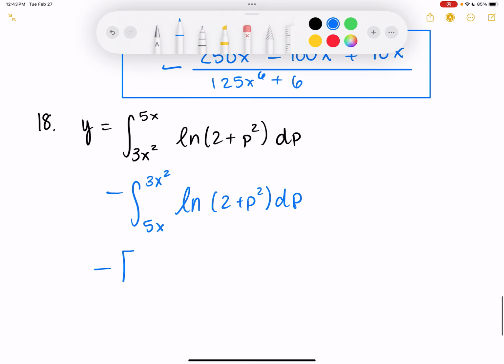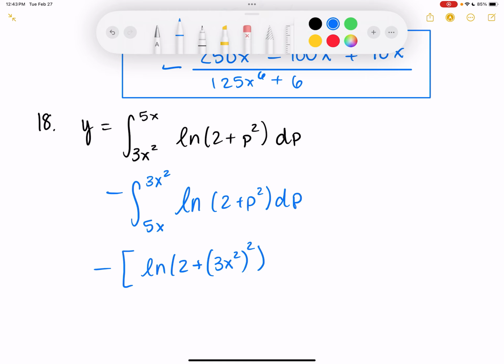So this first piece, let's do it for the 3x squared part. If we plug that in here, we would have ln of 2 plus 3x squared, squared, times, what's the derivative of this piece? 6x.